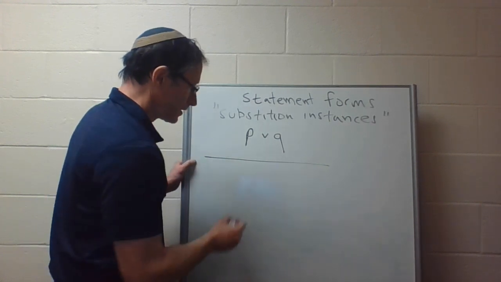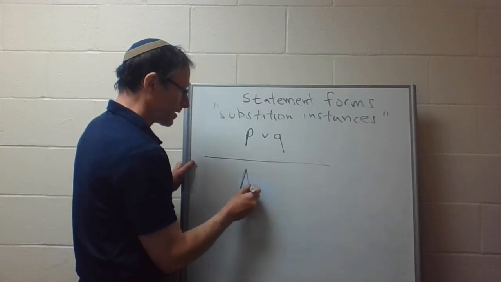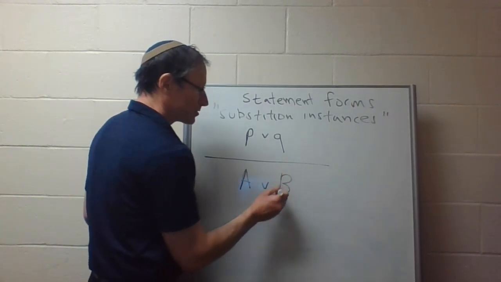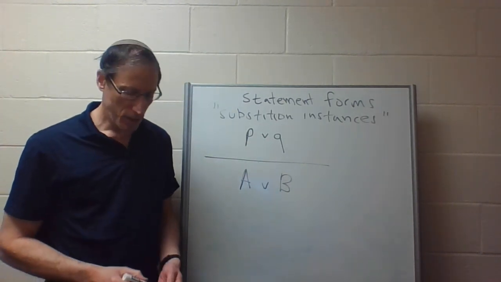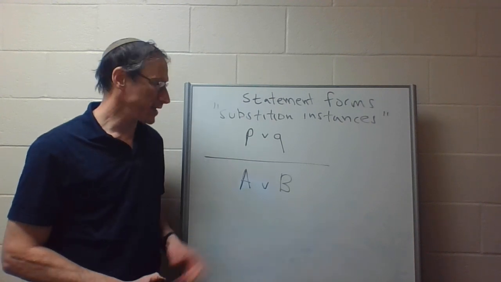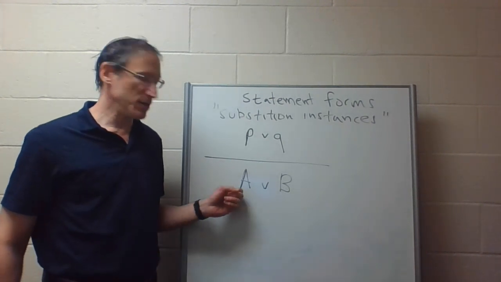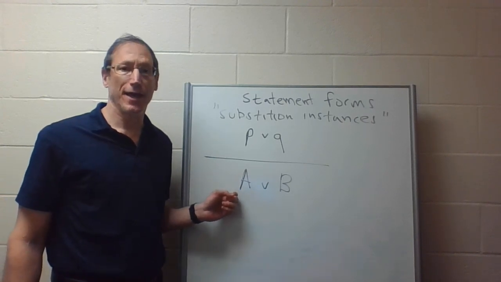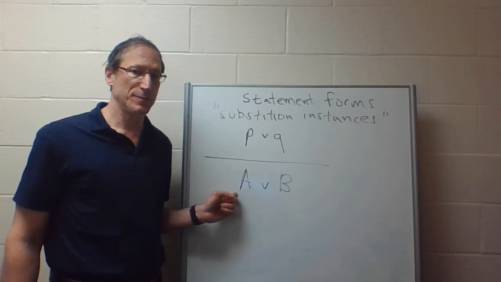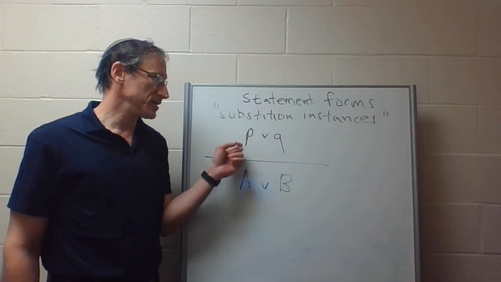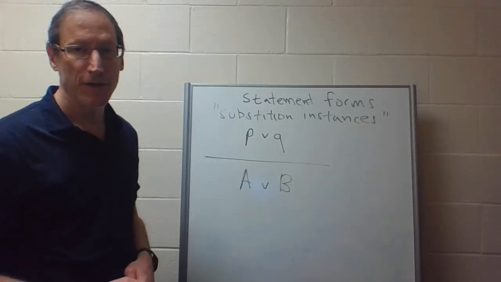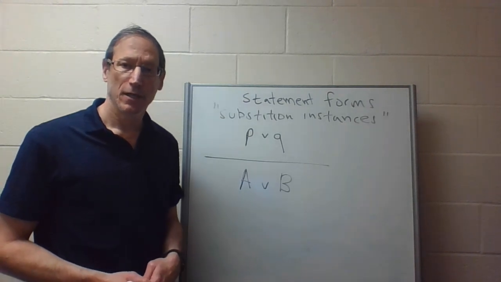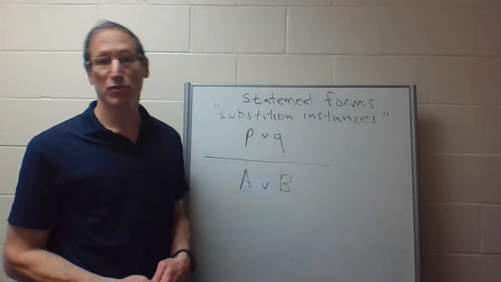For example, I could have A or B. Now, when we use letters from the beginning of the alphabet, generally also capitalized, notice that A and B here are capitalized. A statement such as A is meant to designate a specific meaningful English statement, whereas a statement form is more like a variable. You know, like you have in math, let's say something like x plus 2, right?